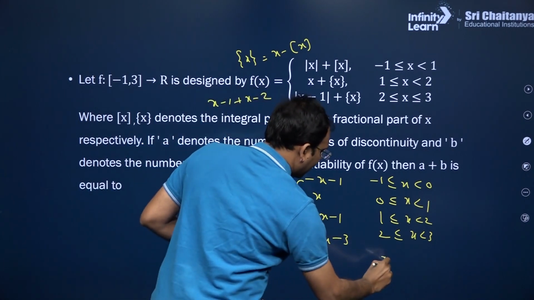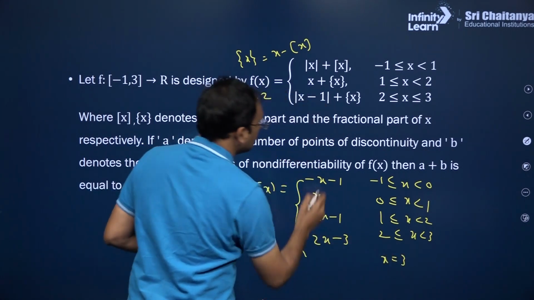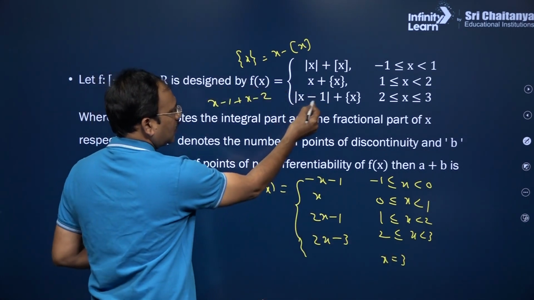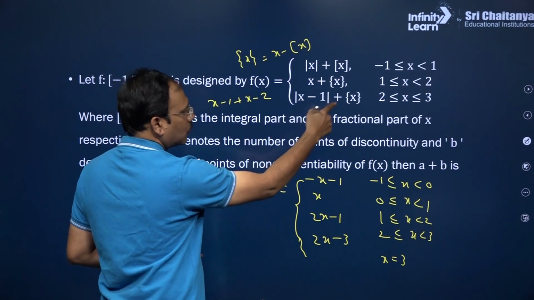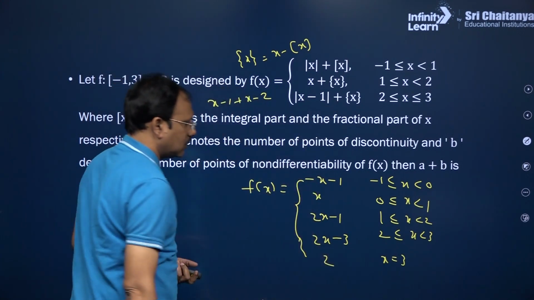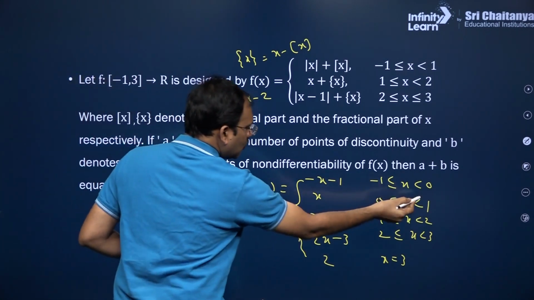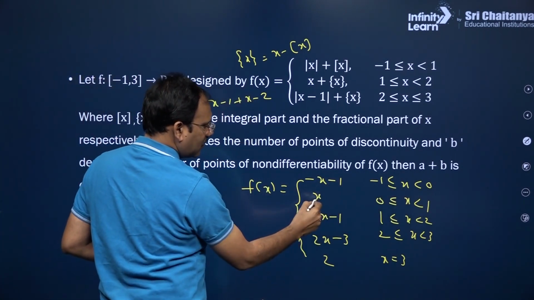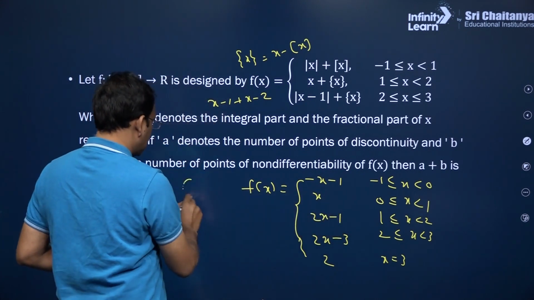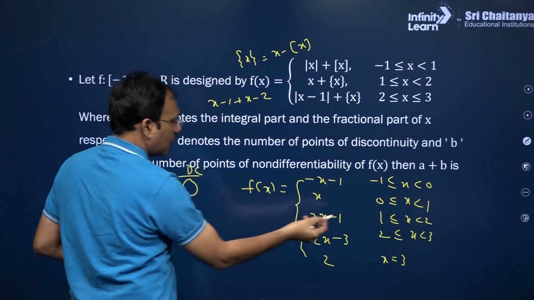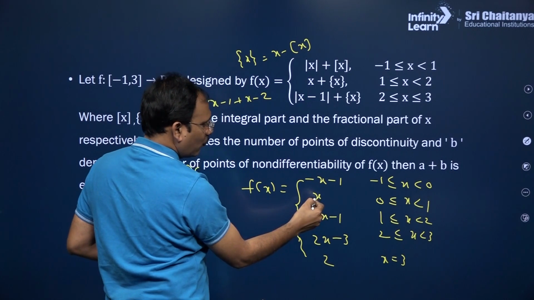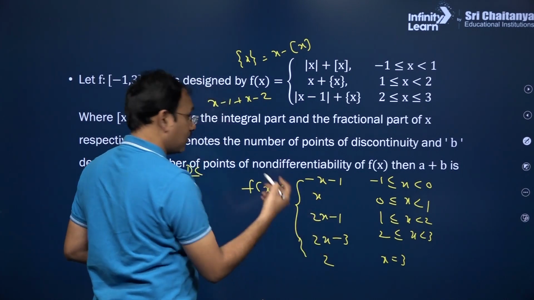Especially when x is equal to 3, the step function is different, so you can put 3 minus 1, 2, plus 0, so 2. Now check the continuity, my dear friends. At 0, left side it is minus 1, right side 0, so discontinuous at 0. At 1, left side 1, right side also 1, so continuous at 1.